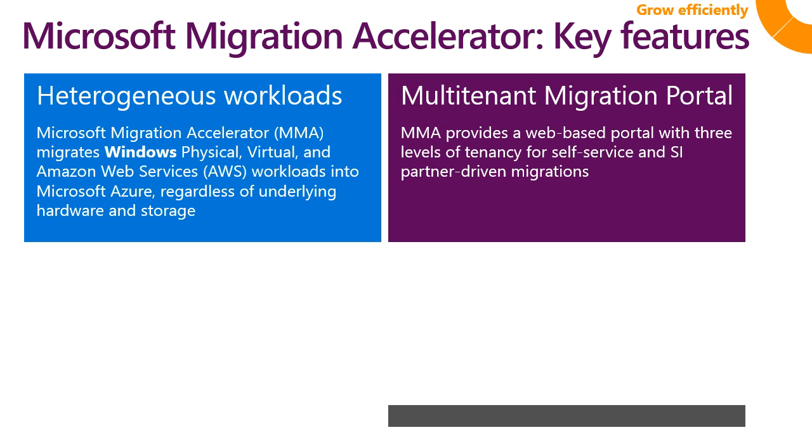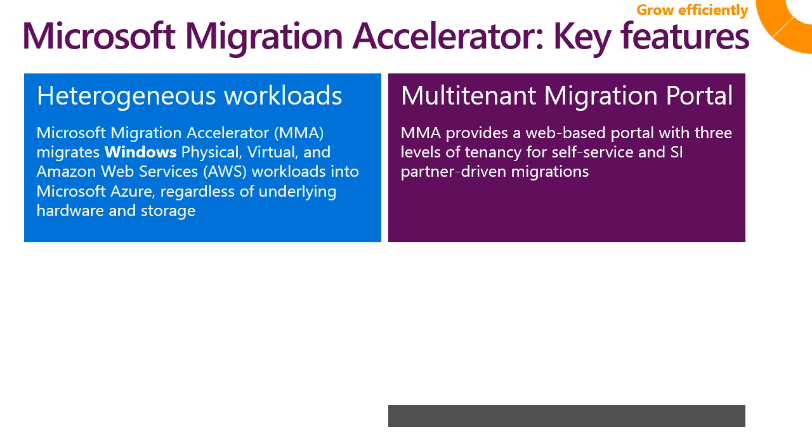Now, for you as a partner, one of the big benefits here is that you can kick off and monitor the customer migration, integration and recovery processes all from a single console. So even though customers may have a lot of control within that console, because you don't necessarily want to be involved in everything, this is something where you can still get a good overview of what's going on.